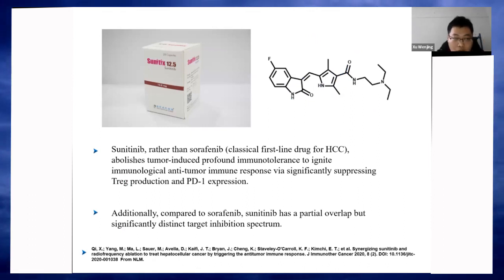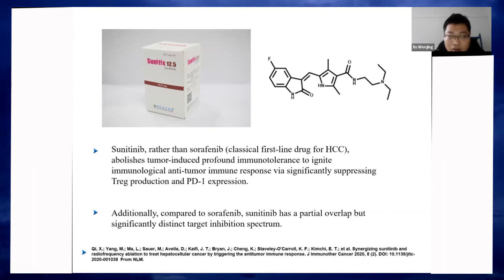In a recent report, sunitinib rather than sorafenib abolished tumor-induced profound immune tolerance to ignite the anti-tumor immune response, while significantly suppressing Treg production and PD-1 expression.